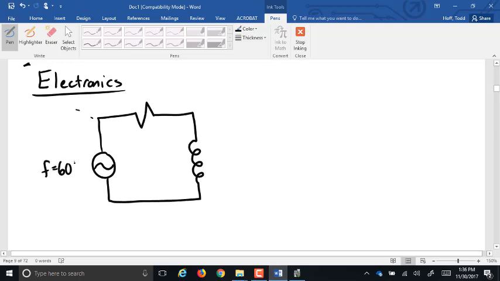Let's say our voltage source is 60 hertz, standard electrical cycle. We have a resistor of, let's call it 4.5 kilo ohms, and an inductance, let's call it 5 Henry.